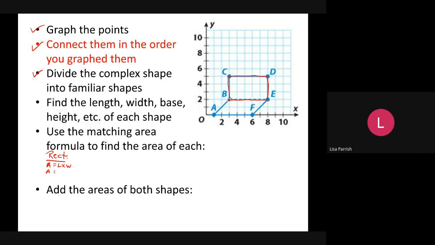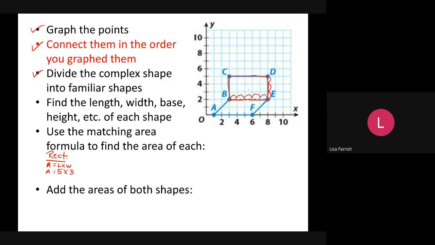I'm going to go from point to point. Okay, 1, 2, 3, 4, 5. So my length is going to be 5. My width from point to point, again, I can do C to B or D to E. They're both the same. 1, 2, 3. So my width is 3.